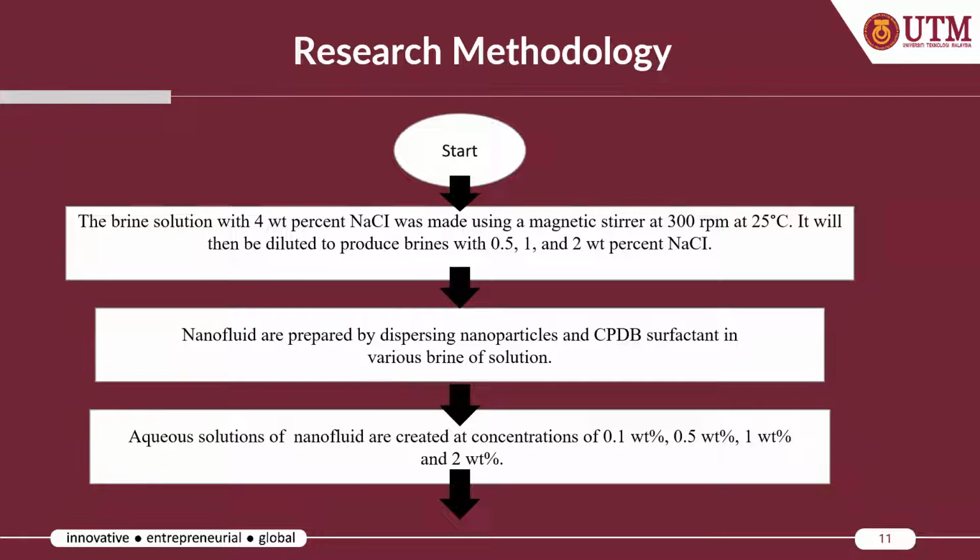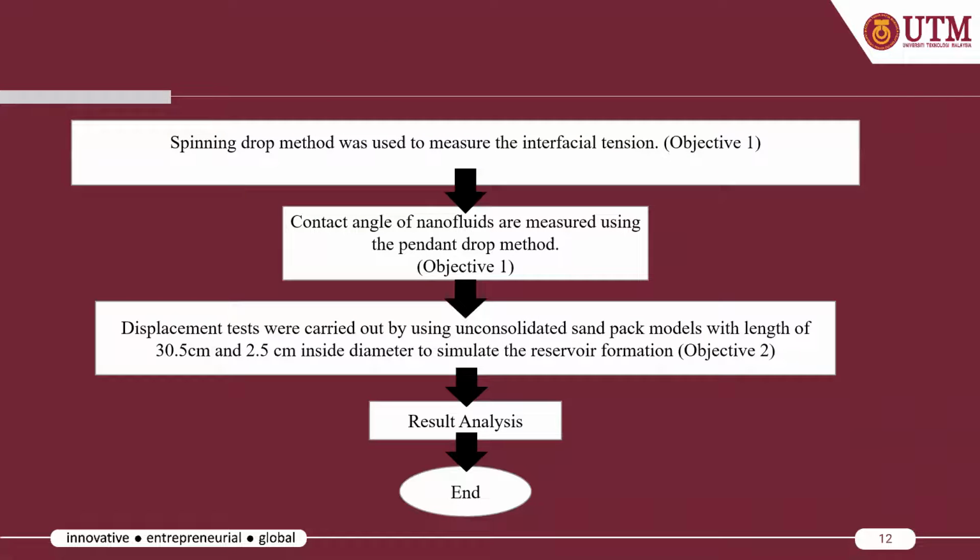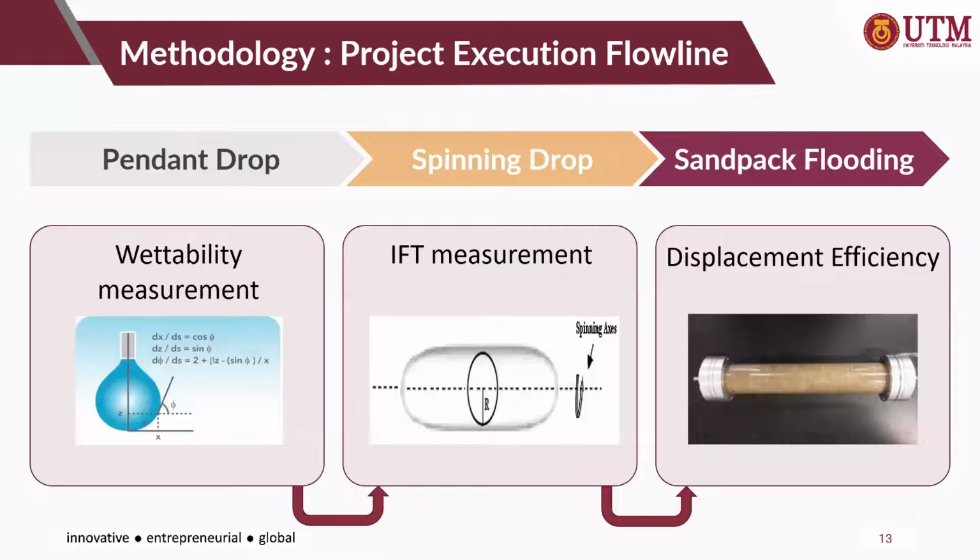Next, we will perform the spinning drop method to measure IFT. Contact angle of nanofluid is measured using the pendant drop. Sample flooding is performed to test the displacement efficiency. And the last one, we will do the result analysis. This is an example of how the pendant drop, spinning drop, and sample flooding look.